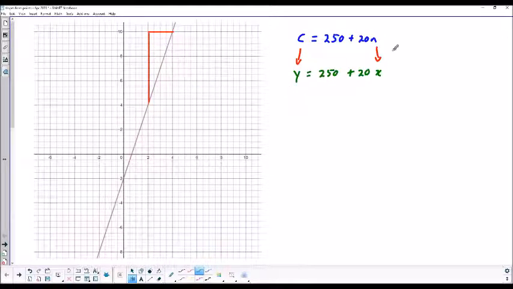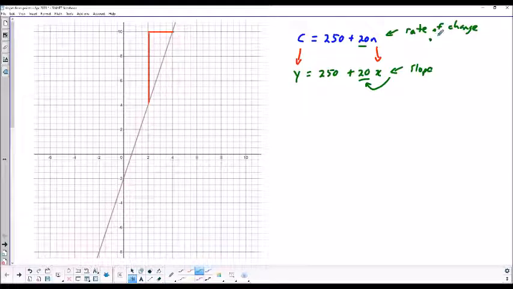That was the rate of change of the cost of the banquet. And we found the slope to be 20, and the rate of change of cost for this scenario was 20. So we looked at that in one of the last videos.